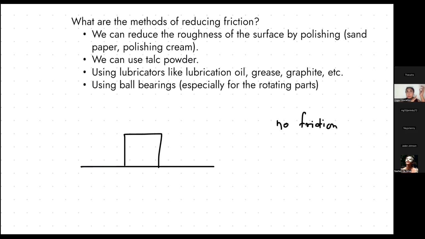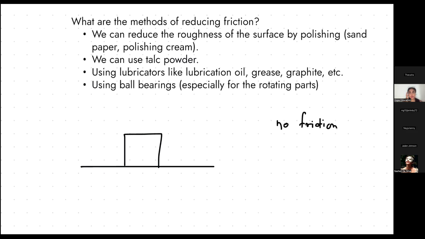When I'm trying to move an object or when I'm actually moving an object, the other surface is giving an opposite force to stop that motion. That is friction, right? No friction means that opposite force is gone. So there is no force trying to stop the motion. That should make it easier for me to move the object.